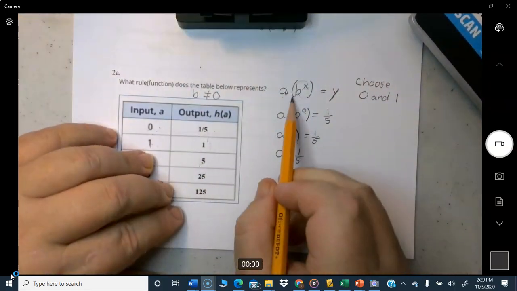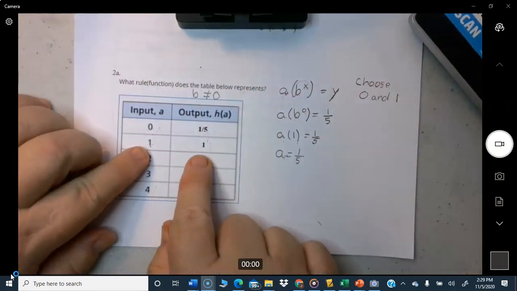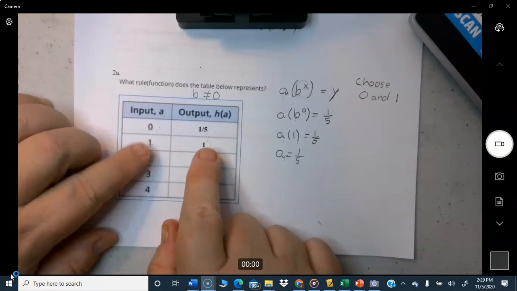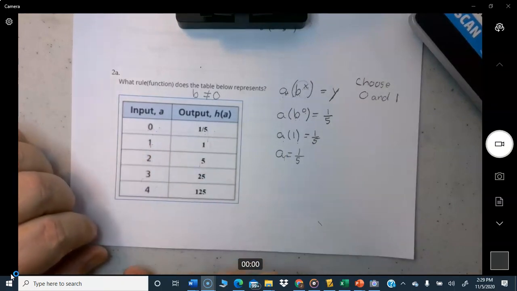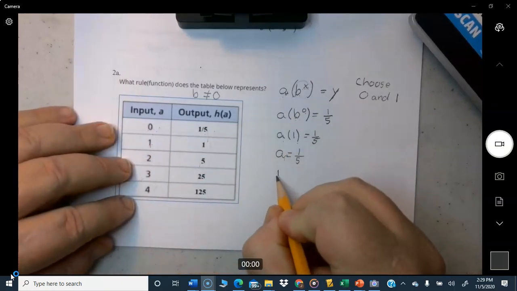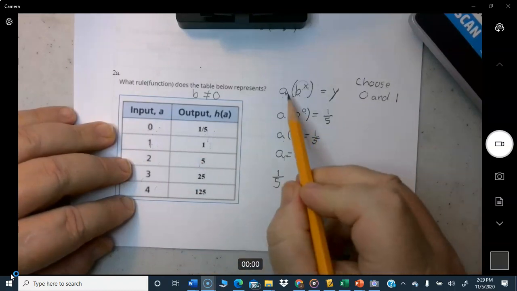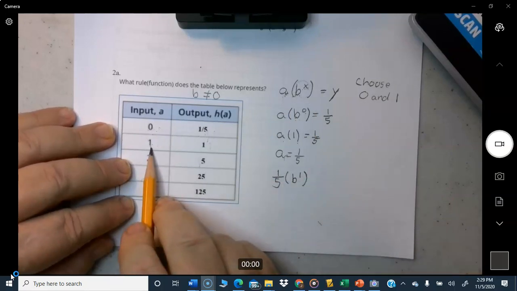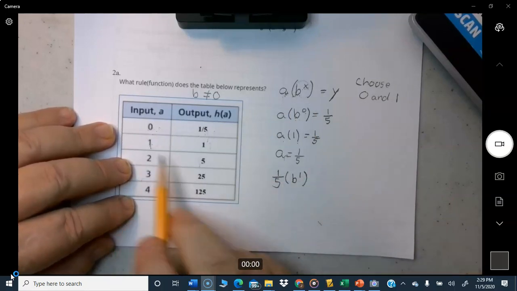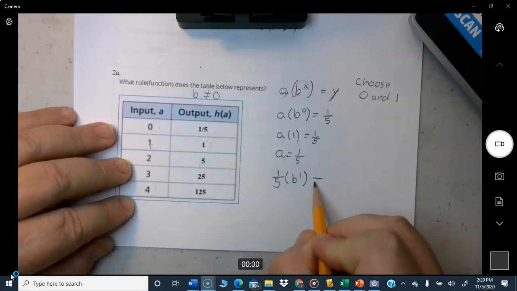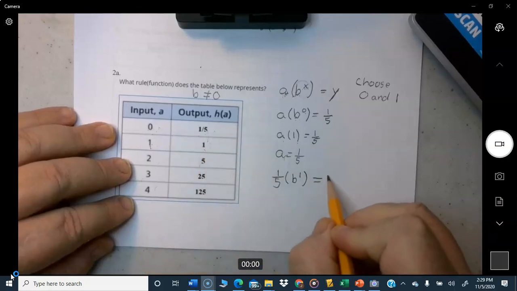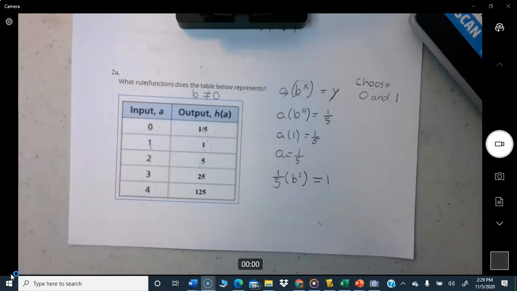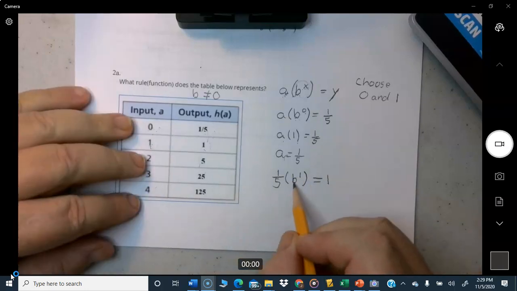Now let's plug a back in here and pick a different number, this time 1, and let's figure out what b is. So we write 1/5, that's our value of a, times b to the first power. The value we're going to choose for the independent variable x is 1. And if we do that, that's going to give us 1. So 1/5 times b to the first.